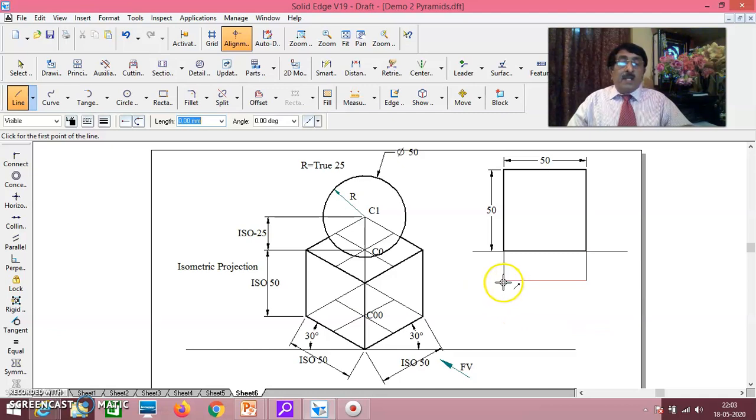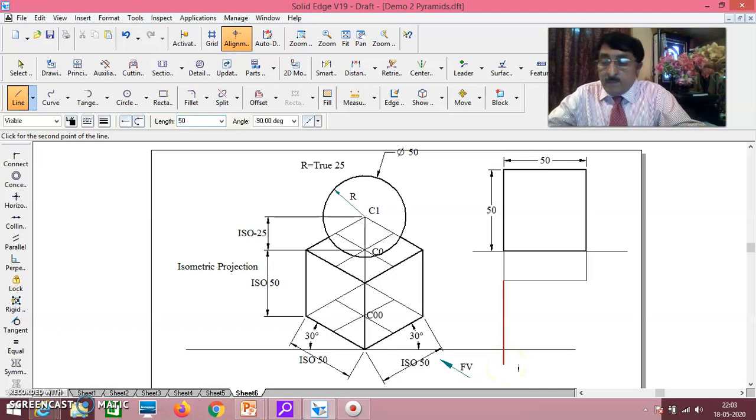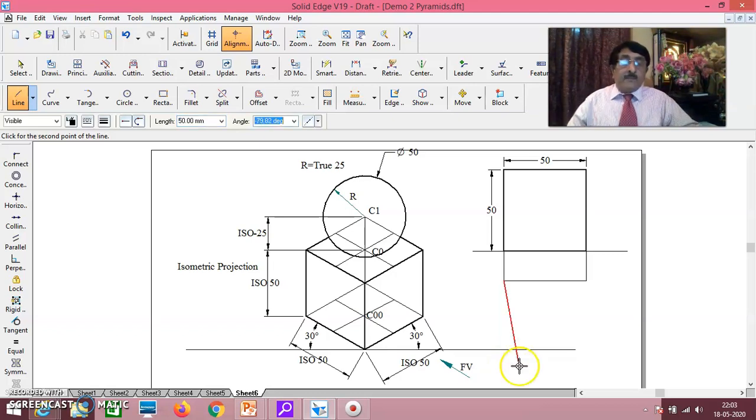From here you take 50. Now we are concentrating on this portion, you remove it off.